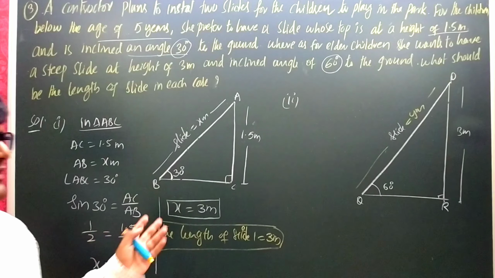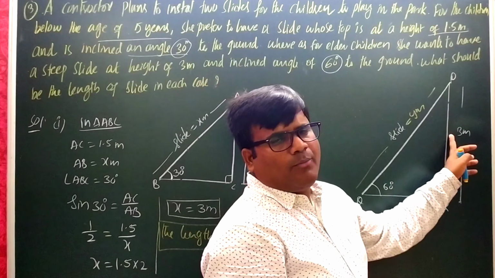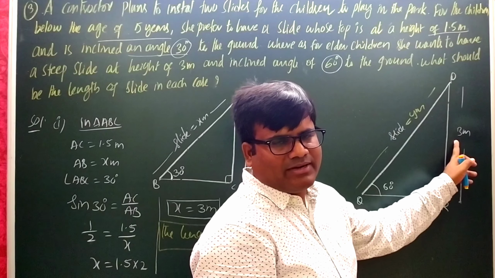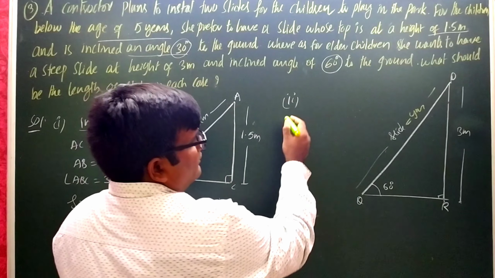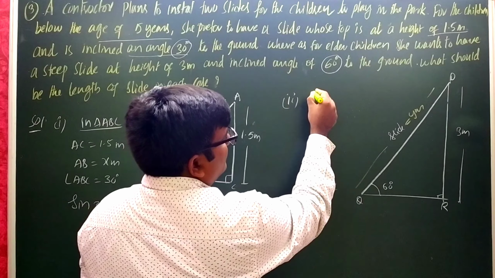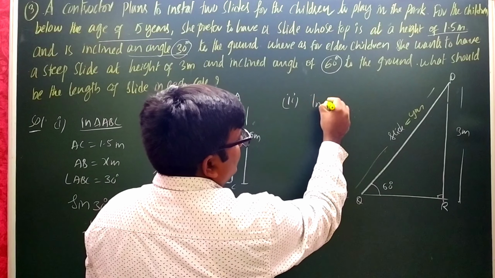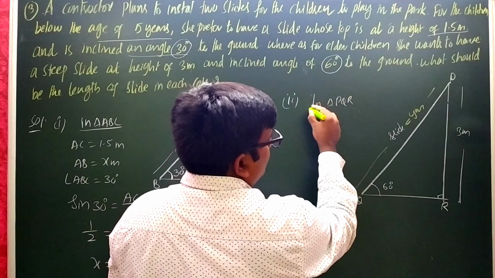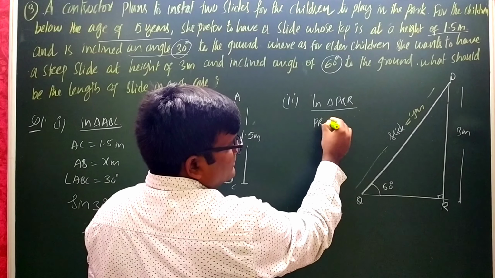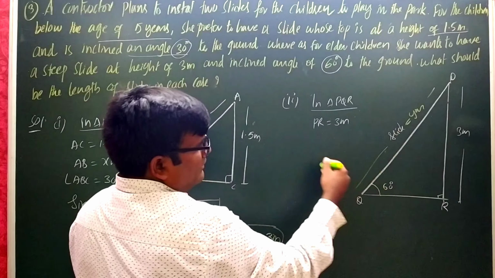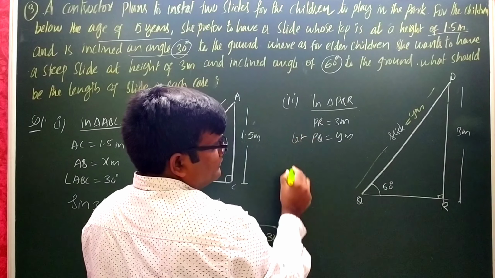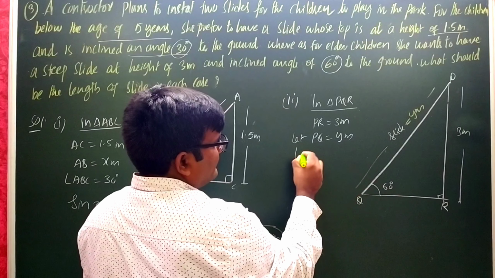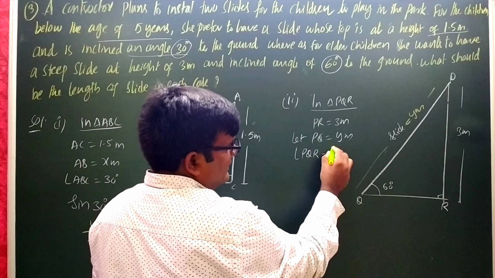Now second case, same approach, 60 degrees. The given side, 3 meters, is opposite, and the unknown side is hypotenuse. So here in triangle PQR, PR is equal to 3 meters, then PQ is equal to y meters, angle PQR is equal to 60 degrees.